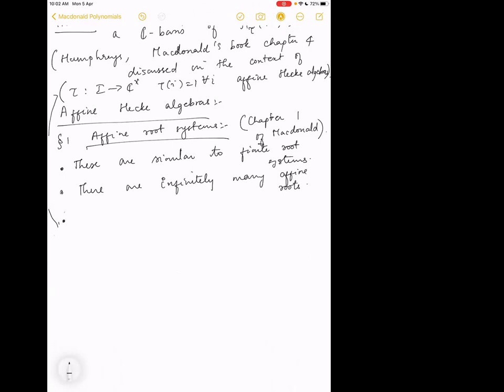This has an axiomatic definition and a classification in terms of diagrams. When one is talking about finite root systems, we have the usual Dynkin diagrams. Here one has the affine Dynkin diagrams.